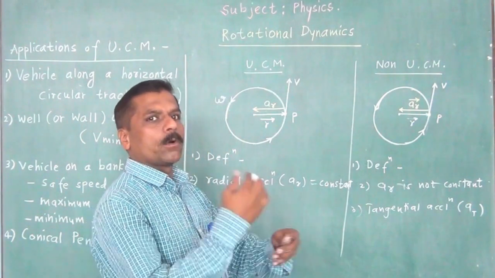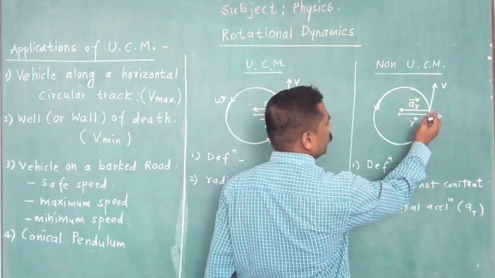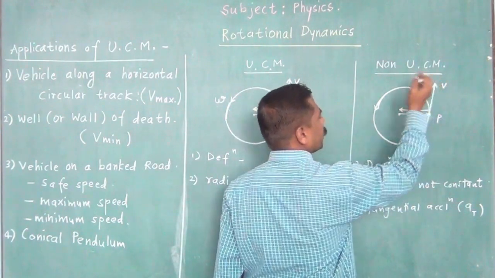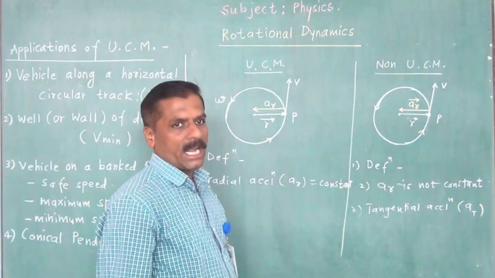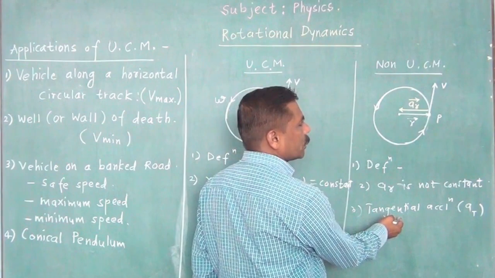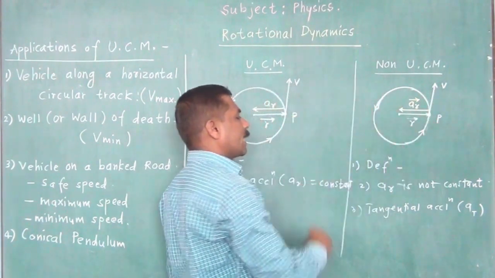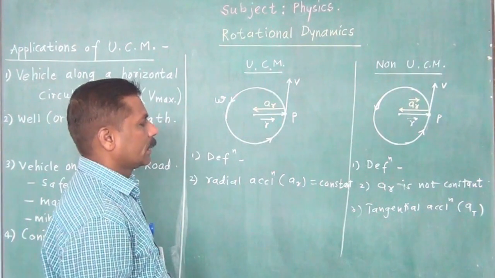When the speed goes on increasing, the tangential acceleration is in the direction of the tangential velocity, and when the speed decreases, it is opposite to the tangential velocity.